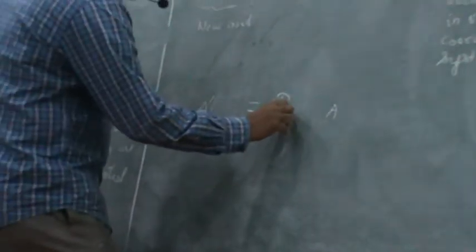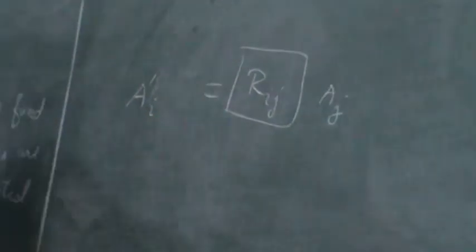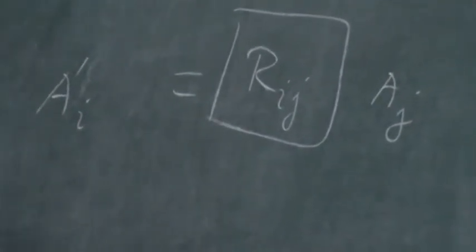Therefore, what should it be? A tensor, correct? A tensor of rank 2. So suppose I write this as Rij. This is an orthogonal matrix.